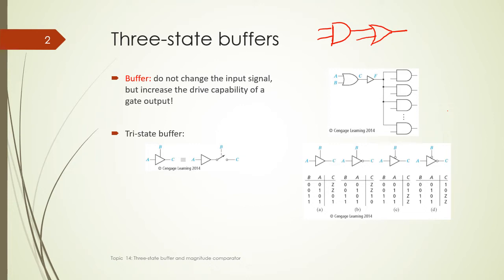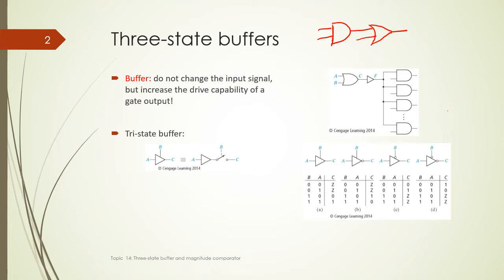But in this special buffer, it has a third state. It's called high impedance state, and we use the letter Z to represent it. Z is neither 0 nor 1. It's just showing a high resistance at the output, like no signal comes out.